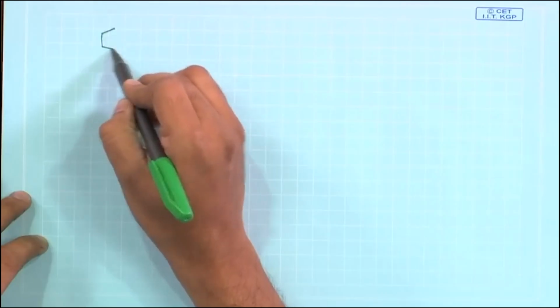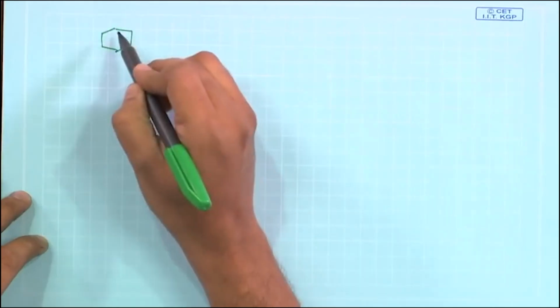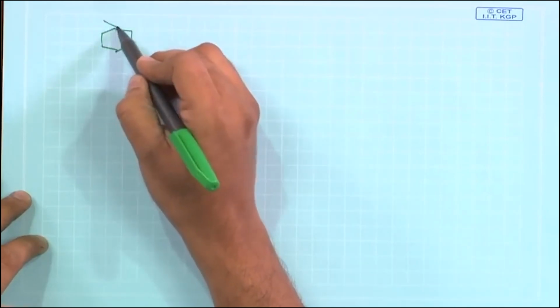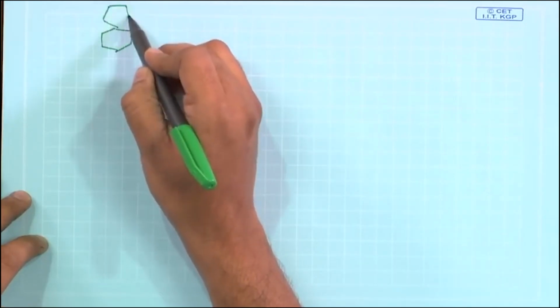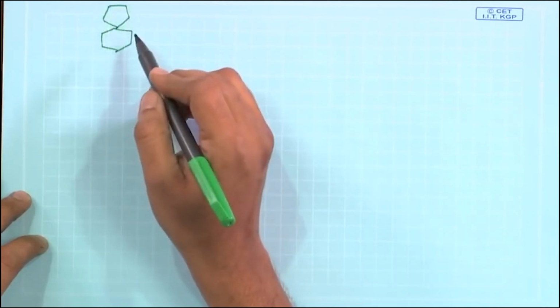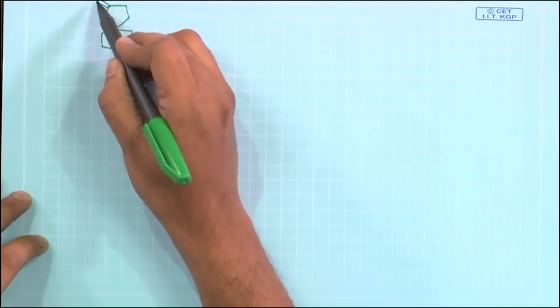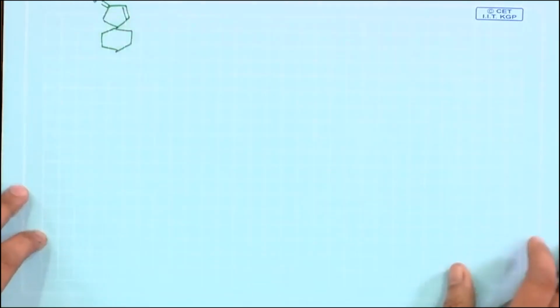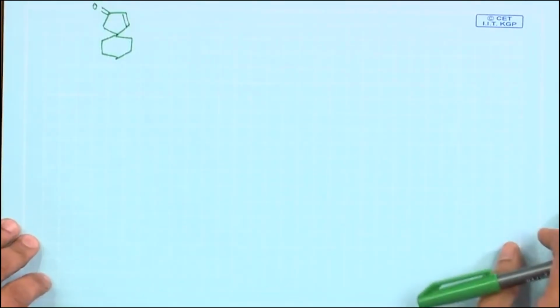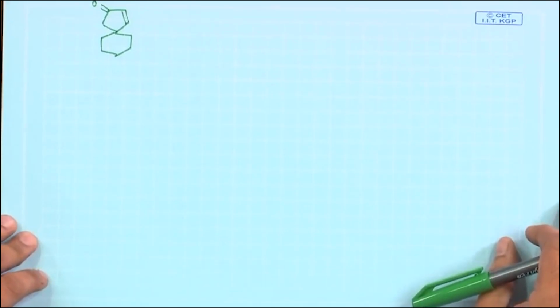Let us talk about a very simple target molecule. The target molecule has this structure, a spirocyclic compound.